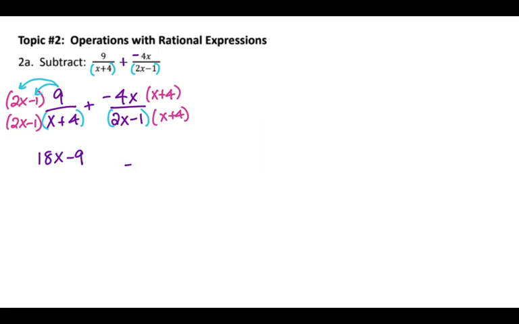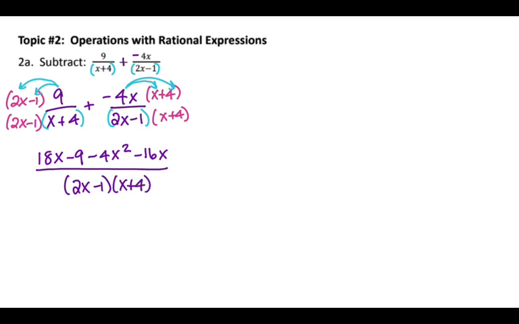And I'm also going to distribute negative 4x into my second group. So negative 4x times x is negative 4x squared. Negative 4x times 4 is negative 16x. And all of that is over my common denominator of 2x minus 1 with x plus 4.